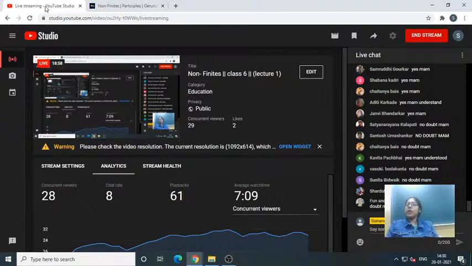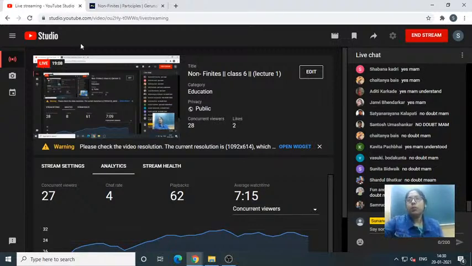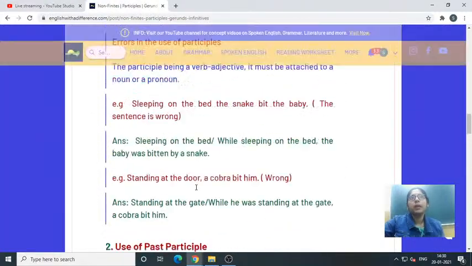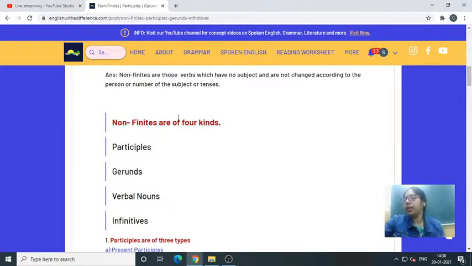Okay, so what we have learned today, we have learned non-finites. What are non-finite verbs? There are 4 types of non-finites. Yes, all of you just remember once. What are non-finite verbs?